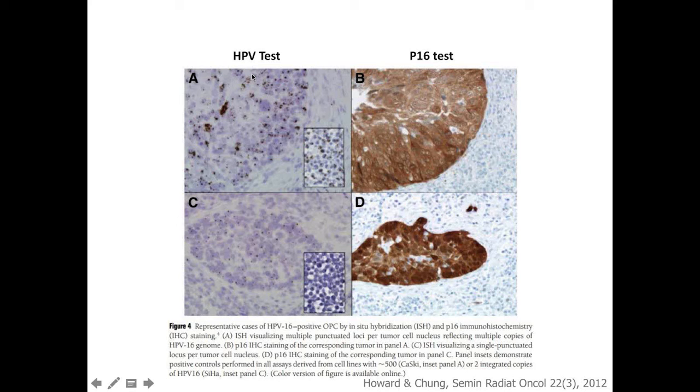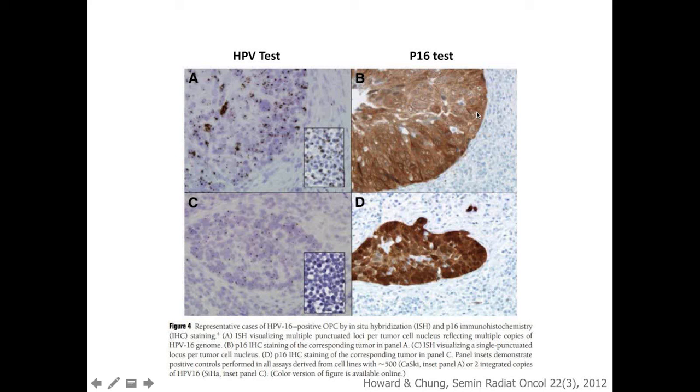One can also check for the actual virus itself through another kind of test where they use a stain again, but this time the stain is showing HPV DNA in the cell, and this also can be done. Most often P16 is checked because it is a more reliable test, is easier to perform, and has fewer false positives.